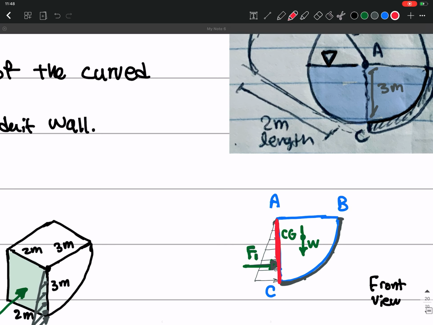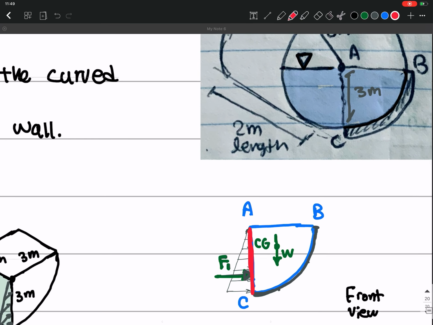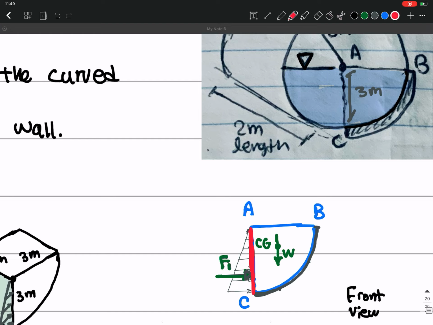Okay, let me zoom here. On this plane, the force that is exerted is this hydrostatic force, right? Because we have these small elements of force that are exerted on this. Okay, and so the total force, we are going to show it with F1.